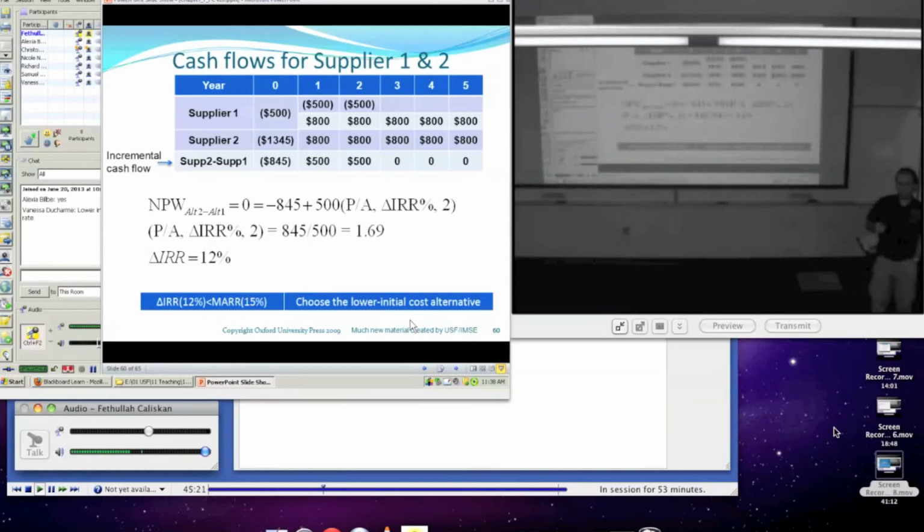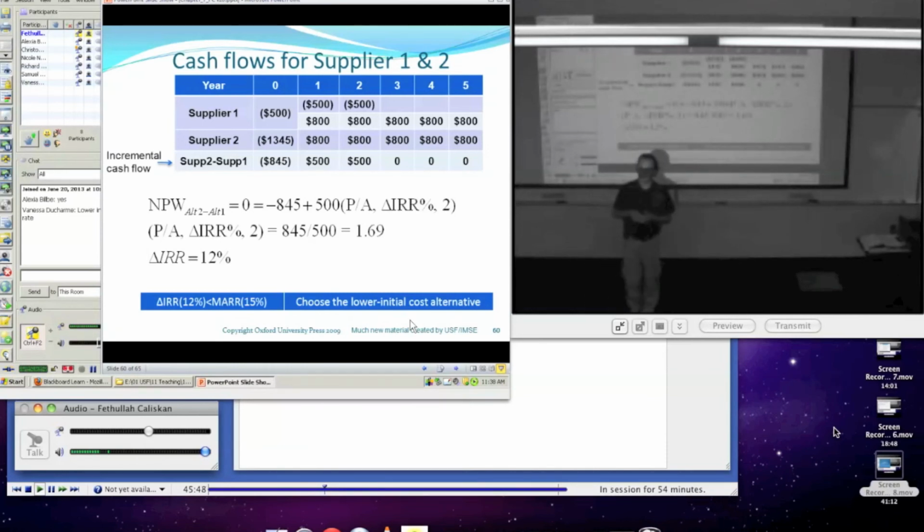So incremental analysis, again, I'm trying to explain it, assumes that we already invested in the lower initial cost, and see if it makes sense, if it is desirable to jump to a higher initial cost alternative, and see the incremental rate of return in these two, and check it with the minimum attractive rate of return.